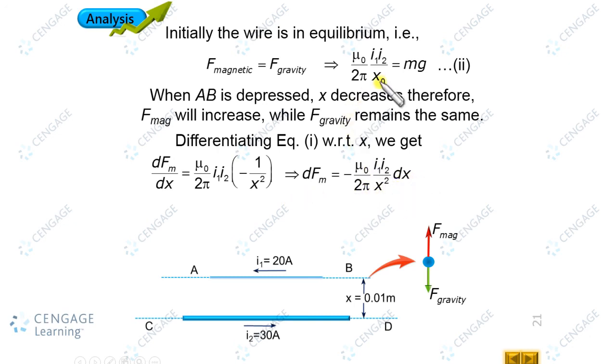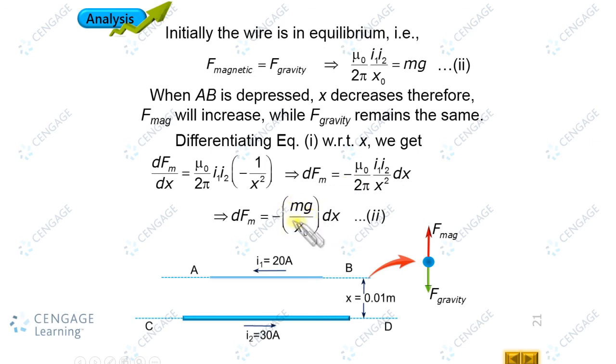We know at equilibrium, mu naught I1 I2 divided by 2 pi x naught equals mg. That means we can write at equilibrium mu naught divided by 2 pi, I1 I2 divided by x naught square, equals mg divided by x naught. So we have substituted the equilibrium value.